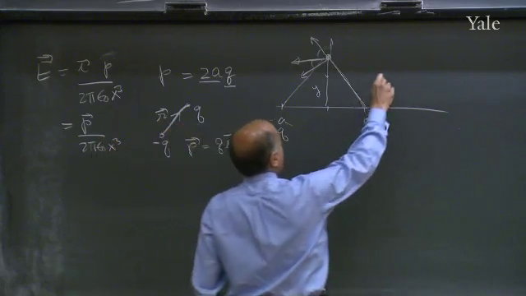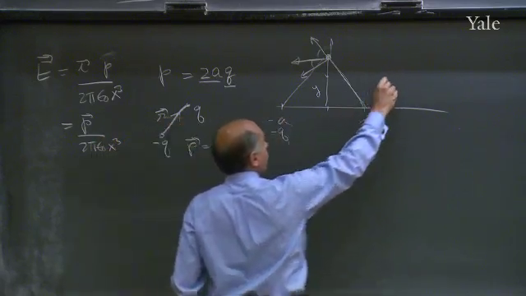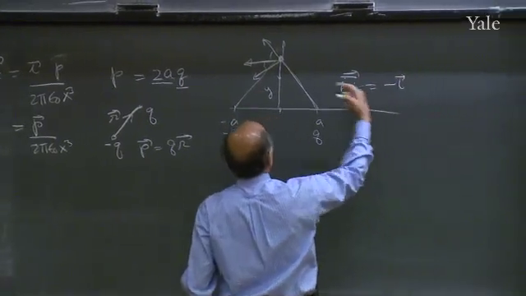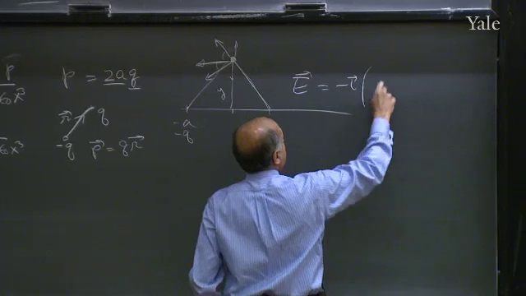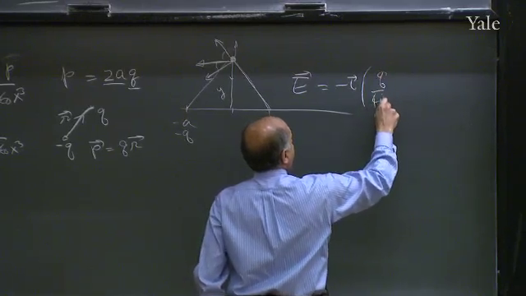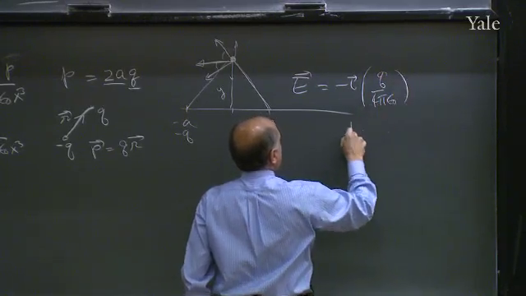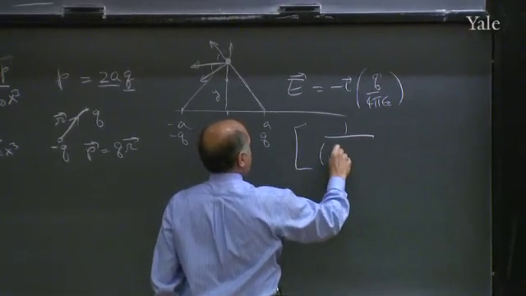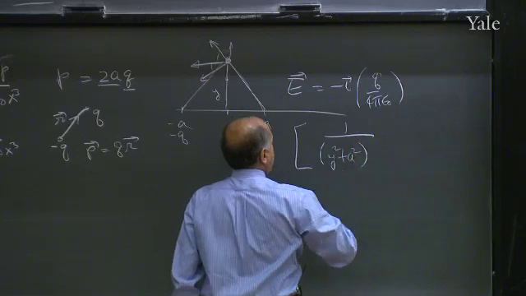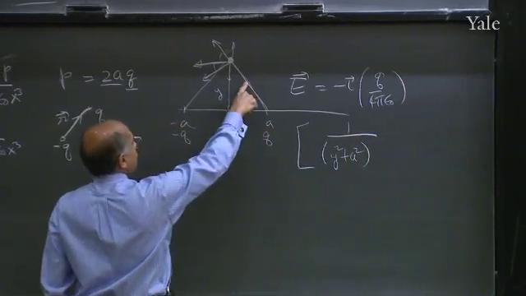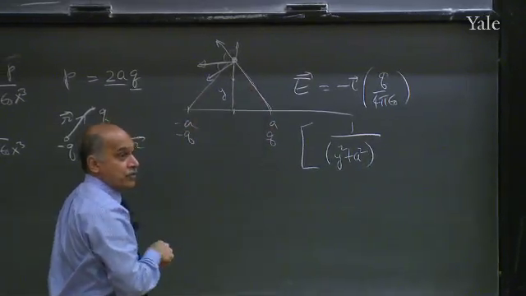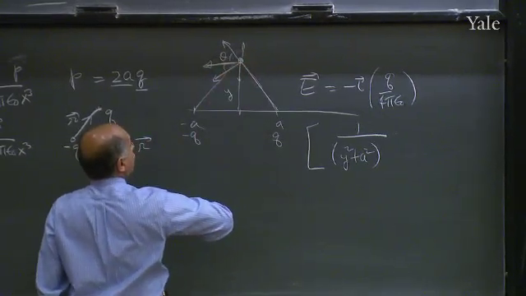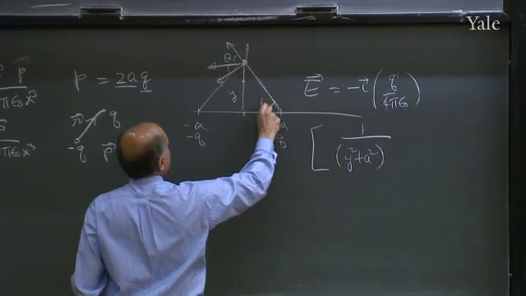So the electric field now will be minus I, that tells me it's in the negative x direction, times q over 4 pi epsilon 0 times 1 over distance squared, which is y squared plus a squared. This is y squared plus a squared, and that's also y squared plus a squared. But I want the horizontal part of this, so I want the cosine theta. That is the same as this one.